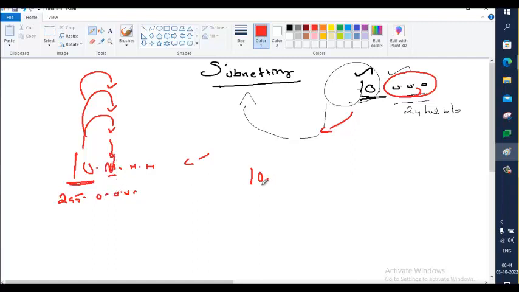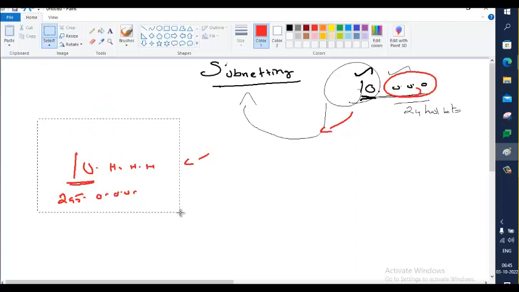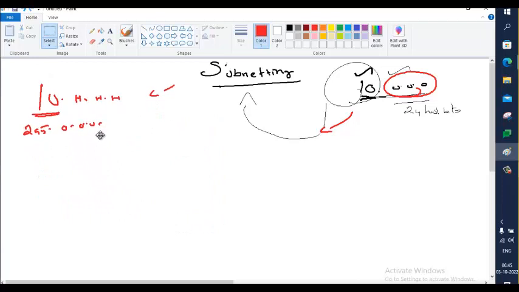As a result, I'll get 10.1, this is one network, 10.2, this is another network, 10.3. Dot 1, dot 2, dot 3 is also network now. So even though the first octet is 10, the other octet has some network bits. You can have multiple networks out of 10, which is what we call subnetting.